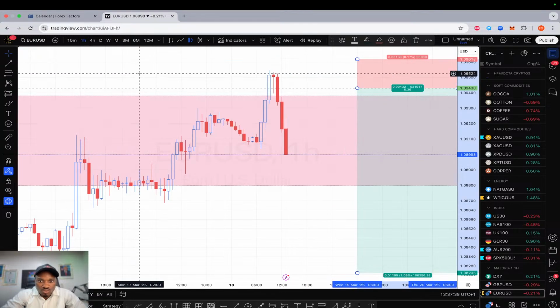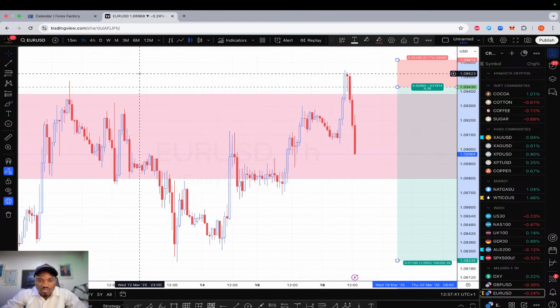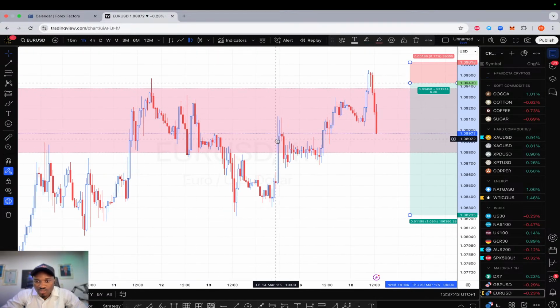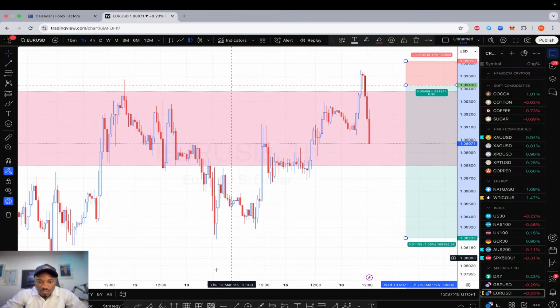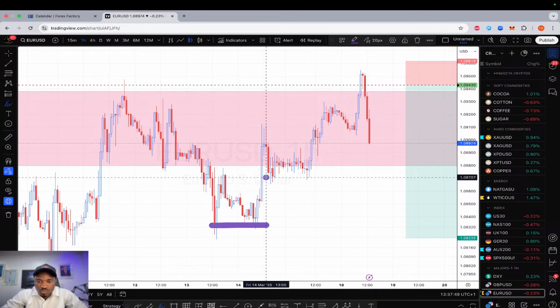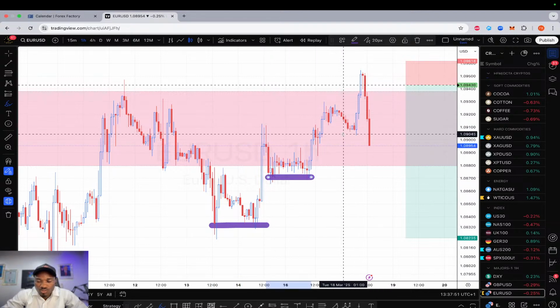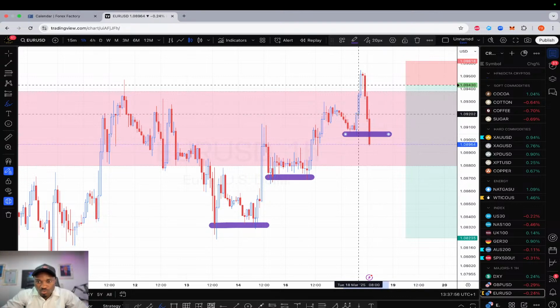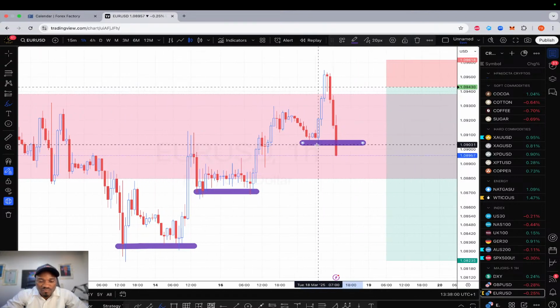And based on the 1-hour chart, we can still see the bullish market structure is still active. Right from the swing here, we got equal lows, higher lows, and higher lows. So we are just waiting for a break of market structure on this 1-hour chart. A break would show us that the bull trend is becoming weaker, and then we should be looking out for a possible push to the downside.